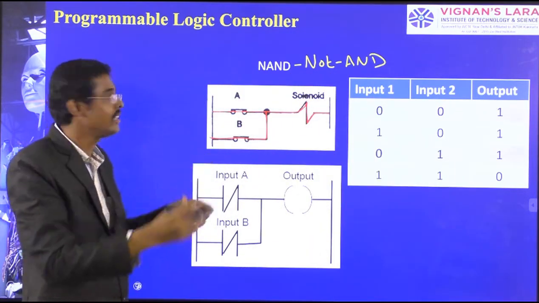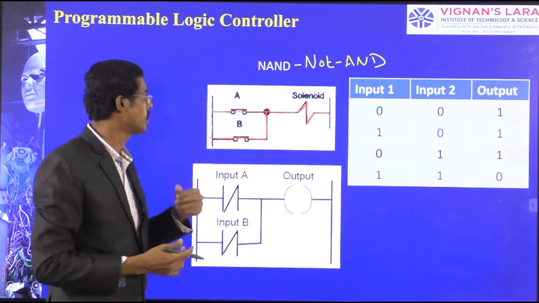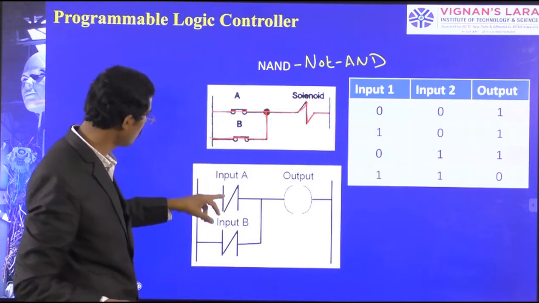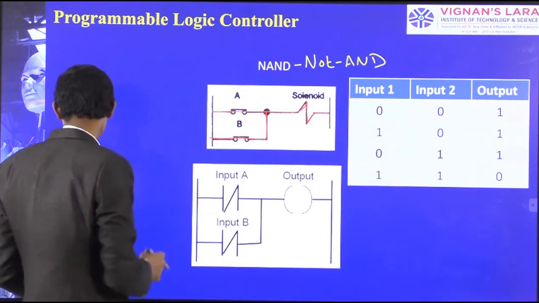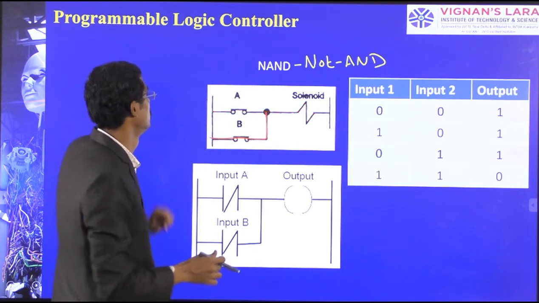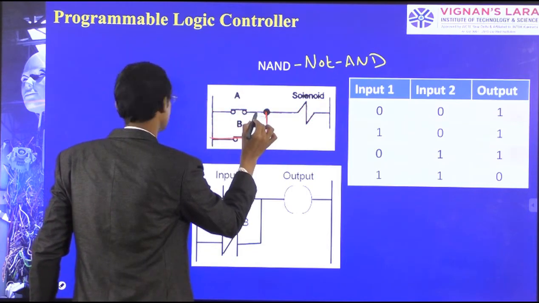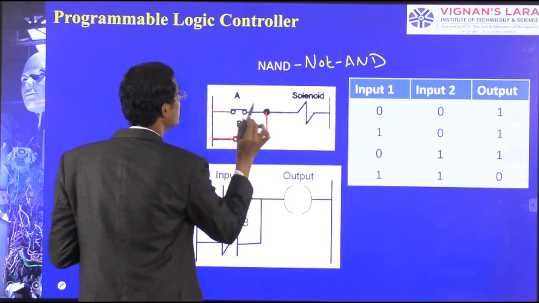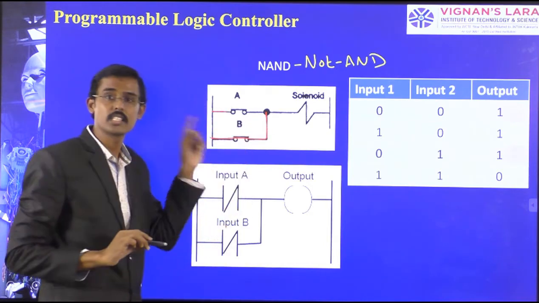Opposite to the AND is NOT AND. You see, I have activated 1. It means it is already in the closed condition. I want to remove this connection now. So the connection is like this. Here it is disconnected.